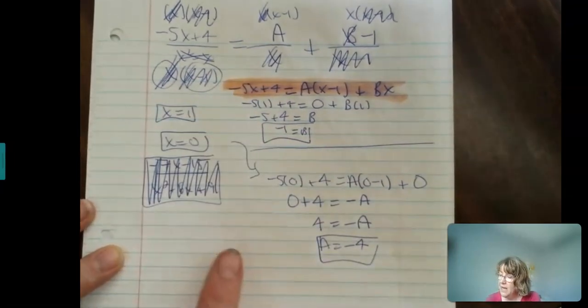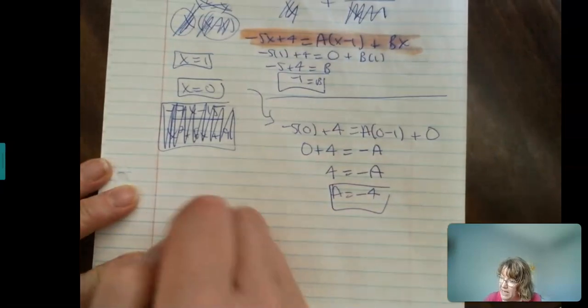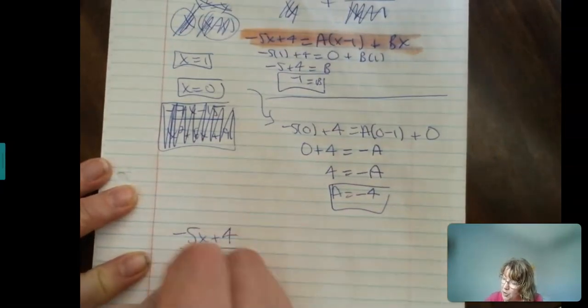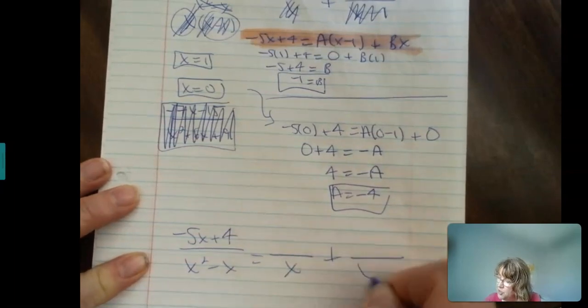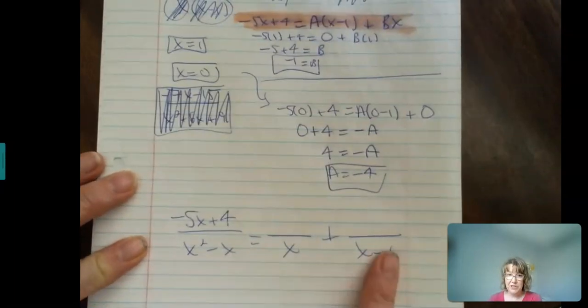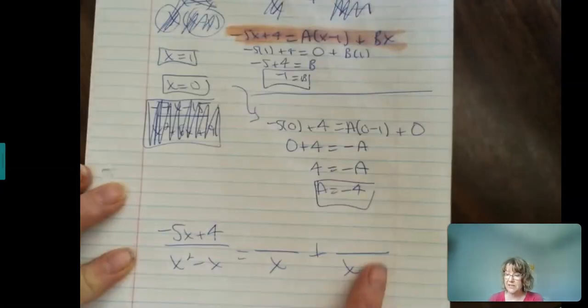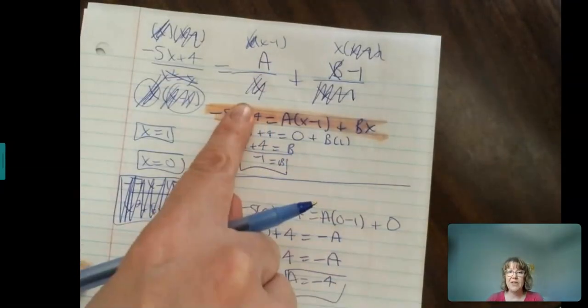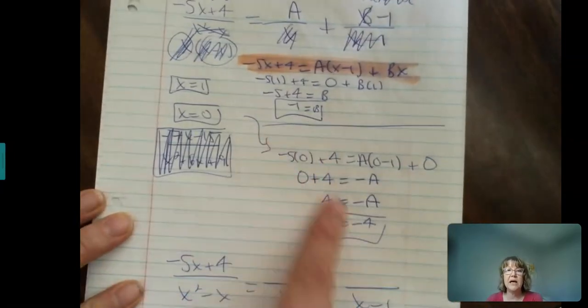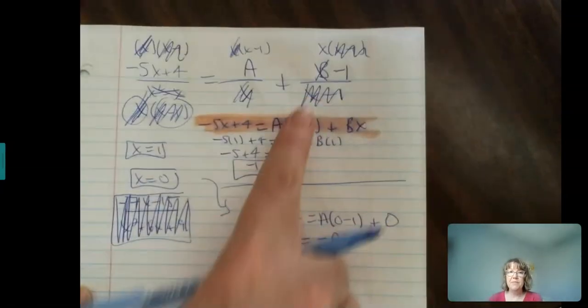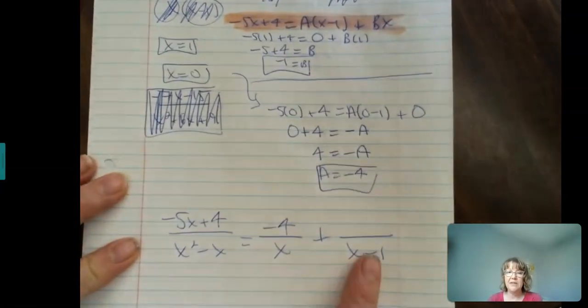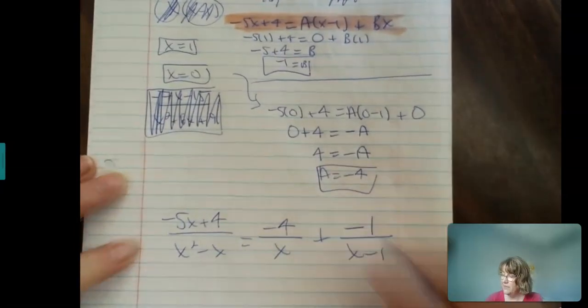So now what we're going to do is rewrite. We just figured out our numerator and our denominator. When we had it as an addition problem, we took the factor by itself and the other factor by itself. The a, the one above the x, we got a -4, and then the b, the one above this guy, is a -1.